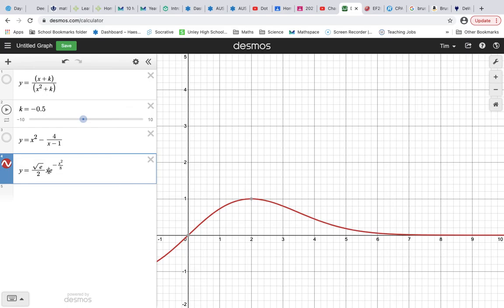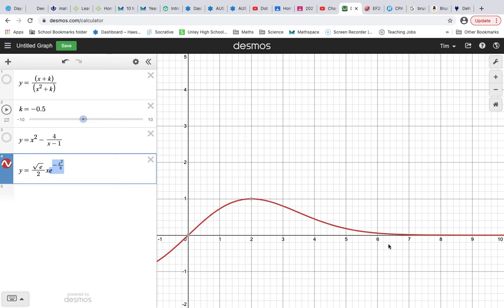You can maybe think about this part of the function here. If you just ignore the e bit, that would be like a straight line, wouldn't it? Sort of pushing it up at the start, where when x is a very small value, this wouldn't have much influence, but then this will take over because it's an exponential to the minus power, so we'll get this decay.